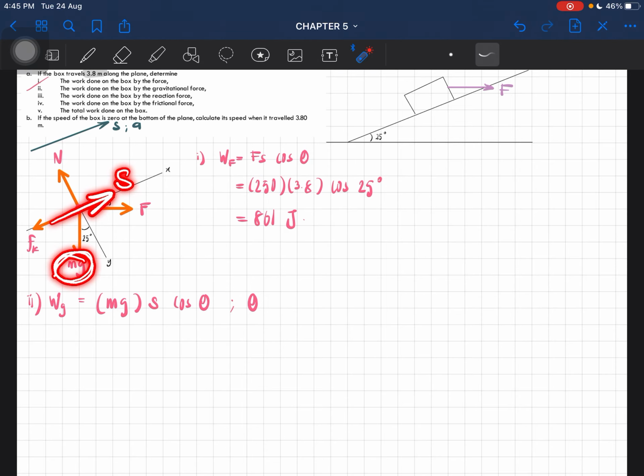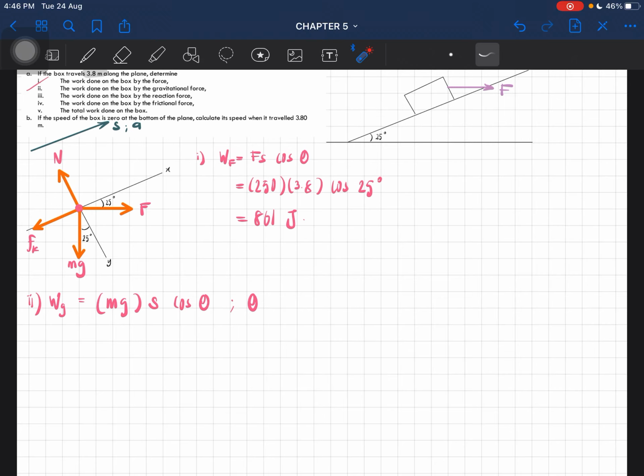Okay, so how do we do that? If we do it like this, it's not enough. We have to go into the direction. Terbalik. Sekejap. So this is S, this is mg. So remember, we go from the S.